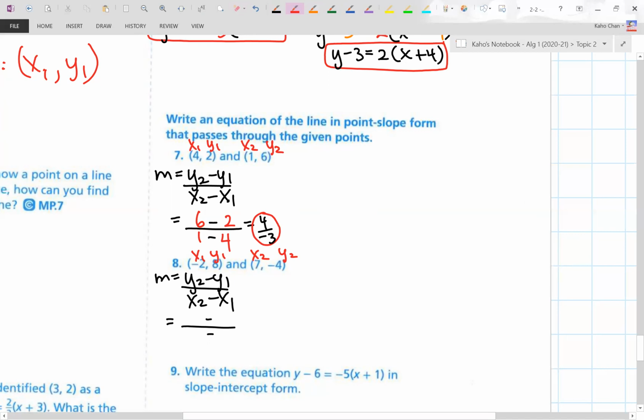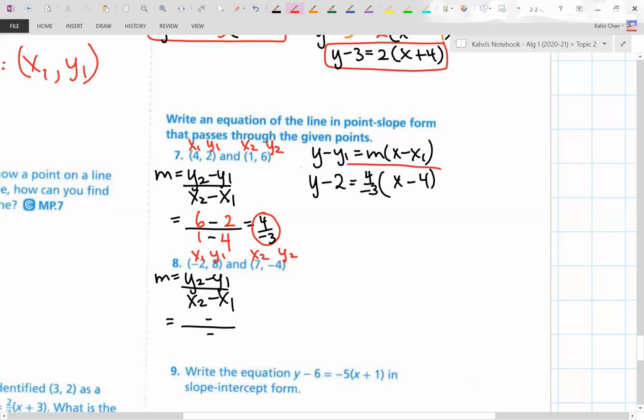Okay, we now are ready to write down our 2 answers, depending on which one you choose for your point. You actually have 2 choices here. So using y minus y1 equals m times x minus x1, plug the information in for the first point. y minus 2 equals the slope we just got times x minus 4.